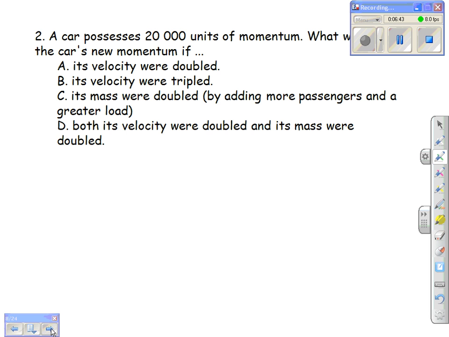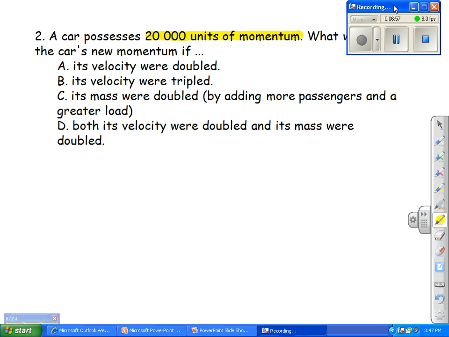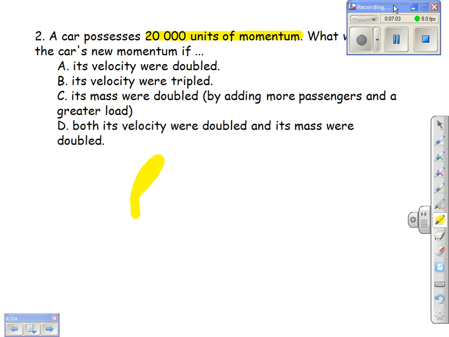We're going to take another example, and we're going to say that the car possesses 20,000 units of momentum. So this right here is our momentum. And the question behind this little box says, what would be the car's new momentum if we... So we're going to look for a new momentum, and we need to remember that the formula is momentum equals mass times velocity.